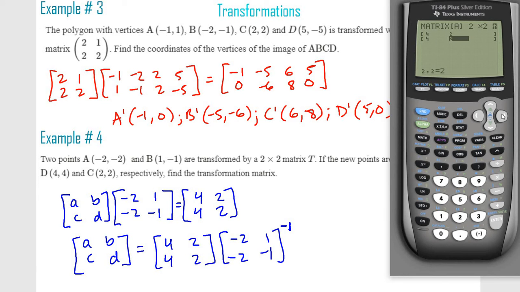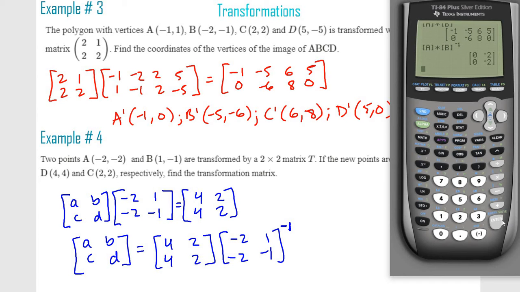Okay, then I'm gonna do my B matrix, is the one I want to do the inverse. And -2, 1, -2, -1. Okay, so now when I do the matrices, I'm going to do matrix A times matrix B, right there, and then I'm going to do the little inverse.